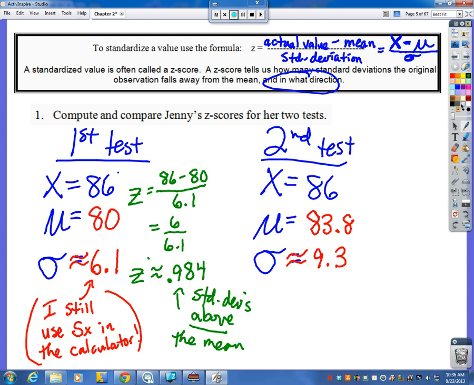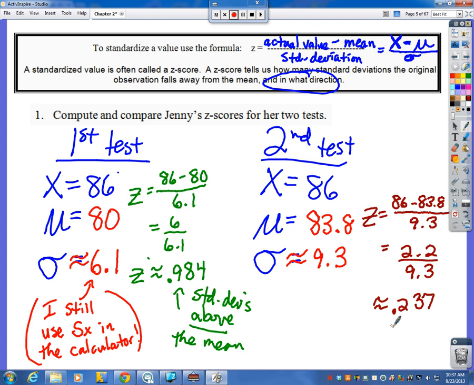All right, for test number 2, her z-score, 86 minus 83.8 over 9.3. So 86 minus 83.8, we're looking at what? Just 2.2 over 9.3, and that is approximately 0.237 standard deviations, and this is still above the mean.